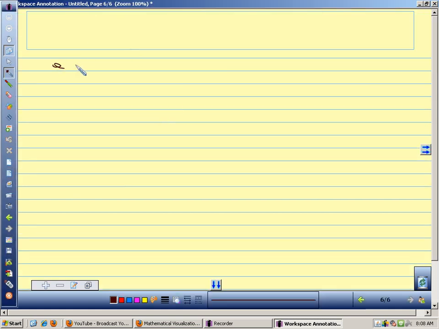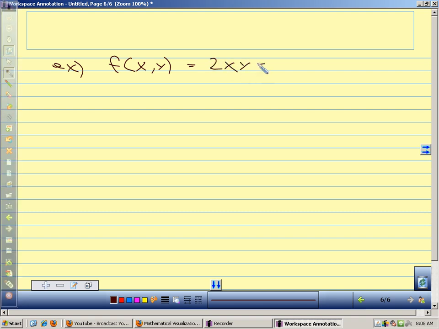All right, so our example, we have f of x, y equals 2xy minus 1/2 (x to the 4th plus y to the 4th) plus 1. And we want to find relative extrema.